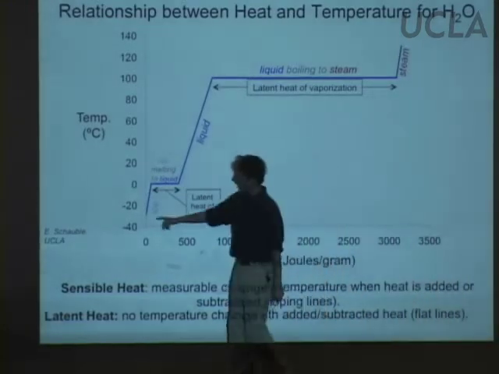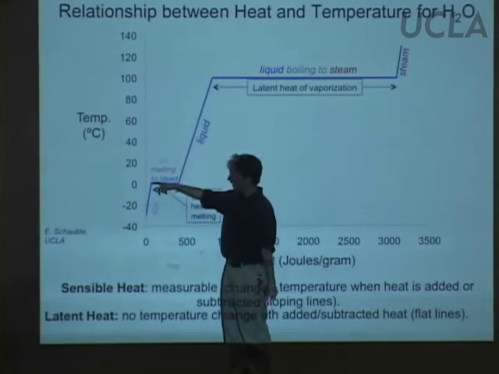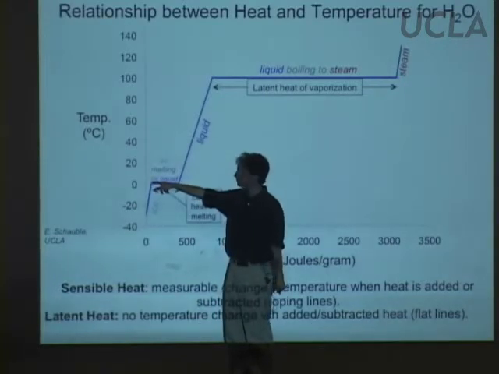And so when we've added something like 15 calories or 60 joules of energy to a gram of ice, it's raised its temperature up to 0 degrees, at which point, of course, pure ice begins to melt.